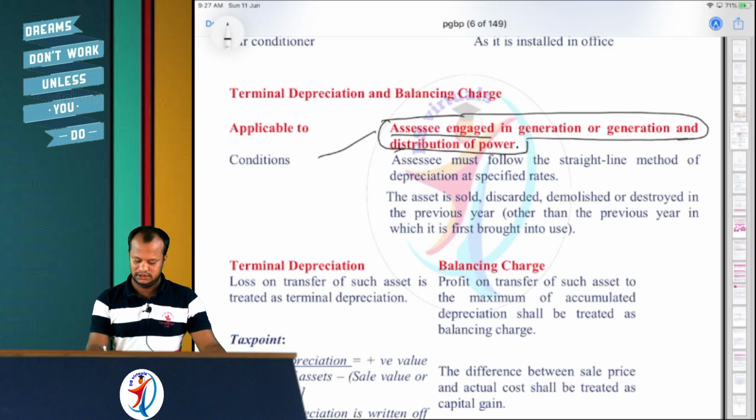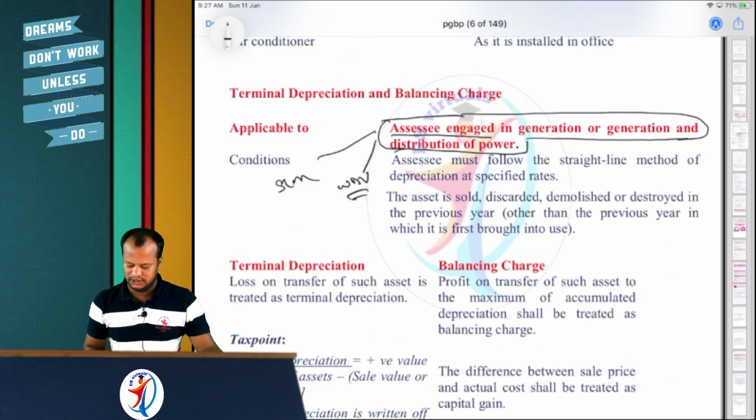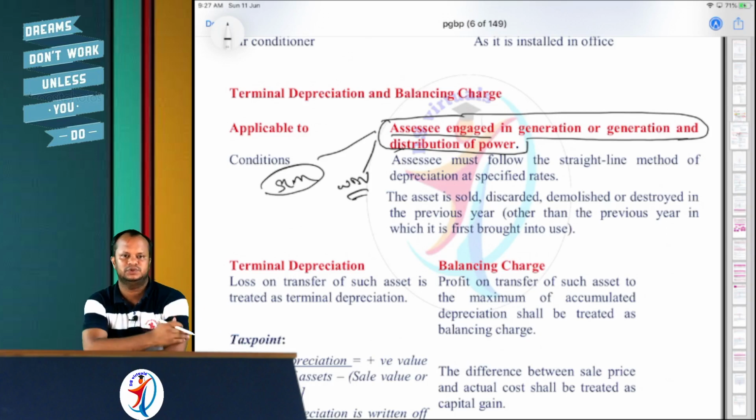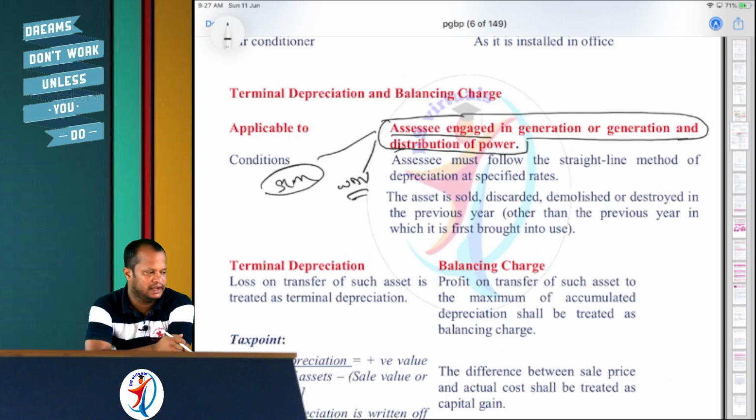One is they can choose SLM or they can choose the normal method, that is WDV. So this section is applicable only if the assessee chooses SLM, straight line method depreciation. In other words, if the assessee engaged in generation and distribution of power chooses WDV method of depreciation, then this section is not applicable to them. Is it clear to all of you?